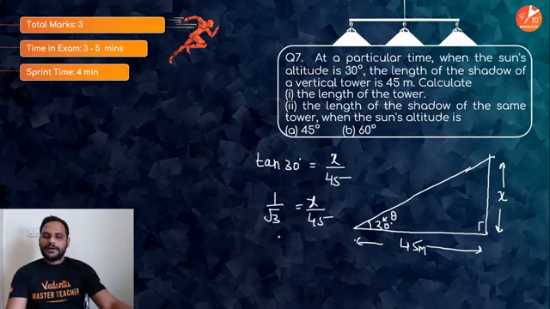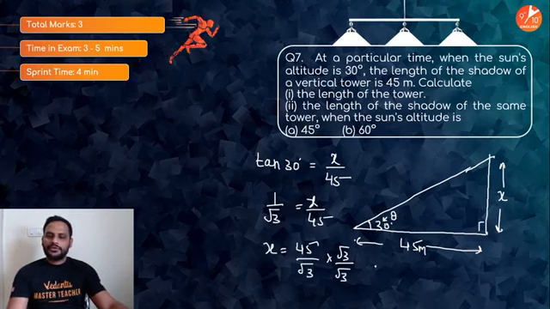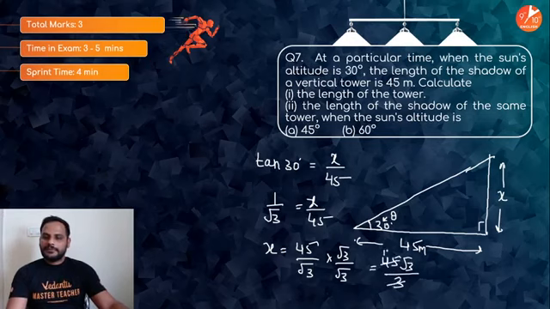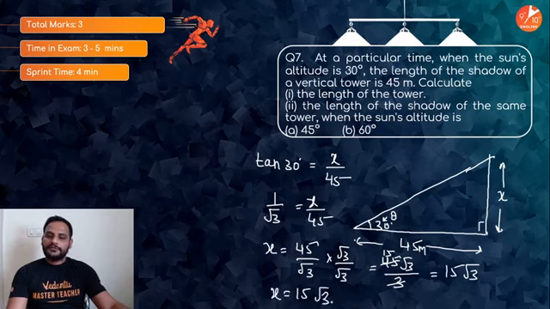Cross multiply, you will get your answer. x is equal to 45 by root 3. If I simplify this, root 3 into root 3, I will get 45 root 3 by 3. This will be 15 root 3. So x is equal to 15 root 3 meters. So the height of the tower is 15 root 3 meters.